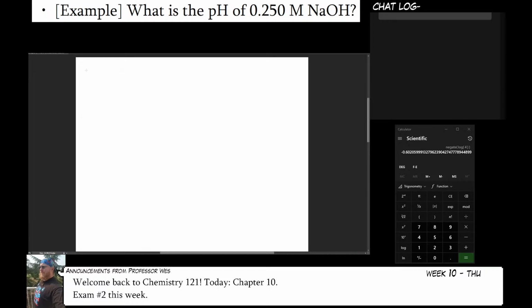So we know that we've got pH, and we've got this formula, and we've got this formula. We'll write it like this.